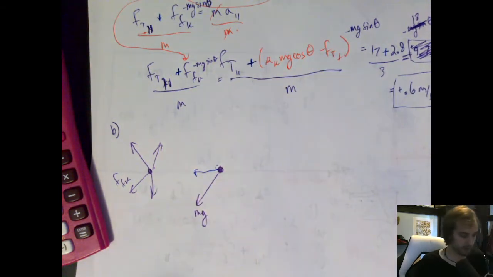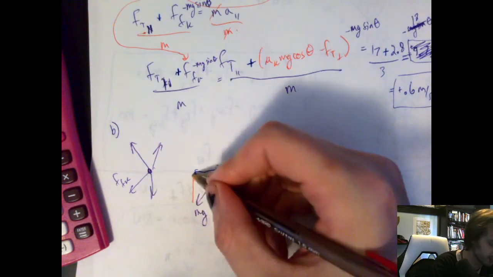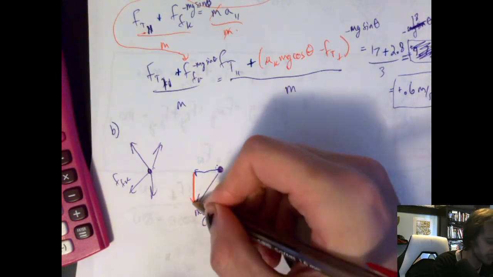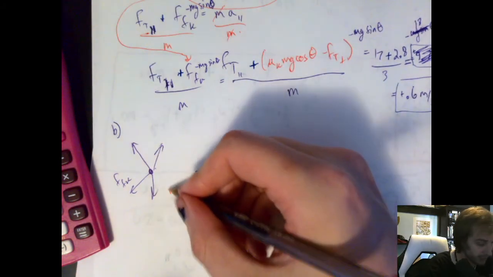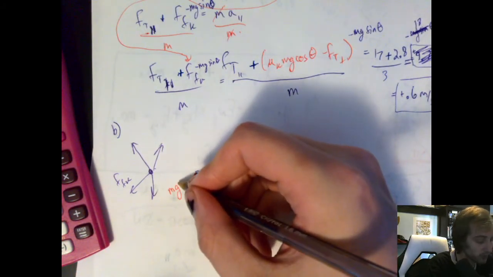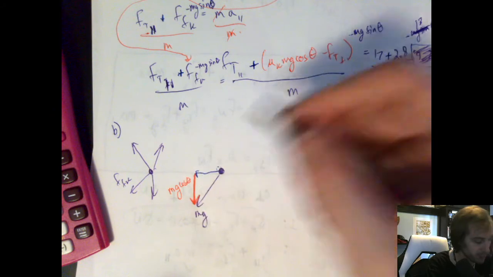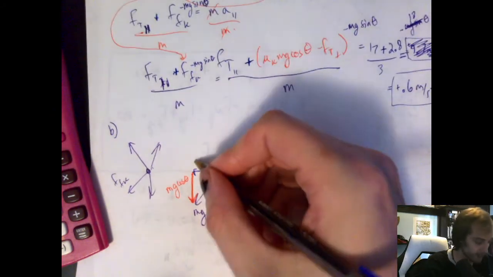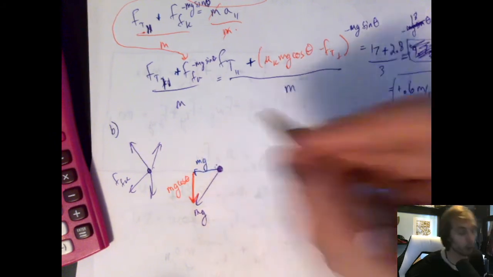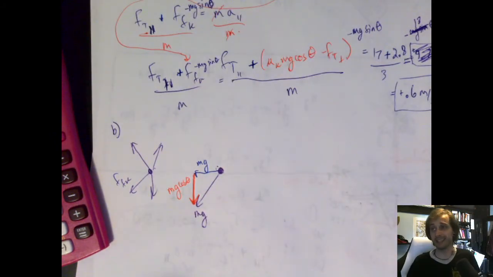And this is one of the few things that I'll tell you to memorize, because honestly, redoing the algebra and geometry every time is a huge pain, for me anyway. Mg cosine theta is the one that's perpendicular. Mg sine theta is parallel. So the part of gravity that smushes it into the hill is mg cosine theta, where theta is the hill angle between the hill and the ground.